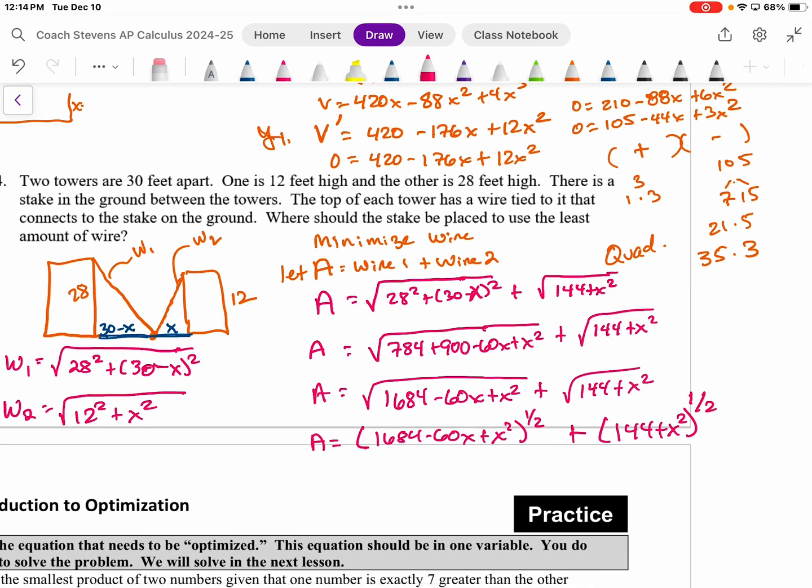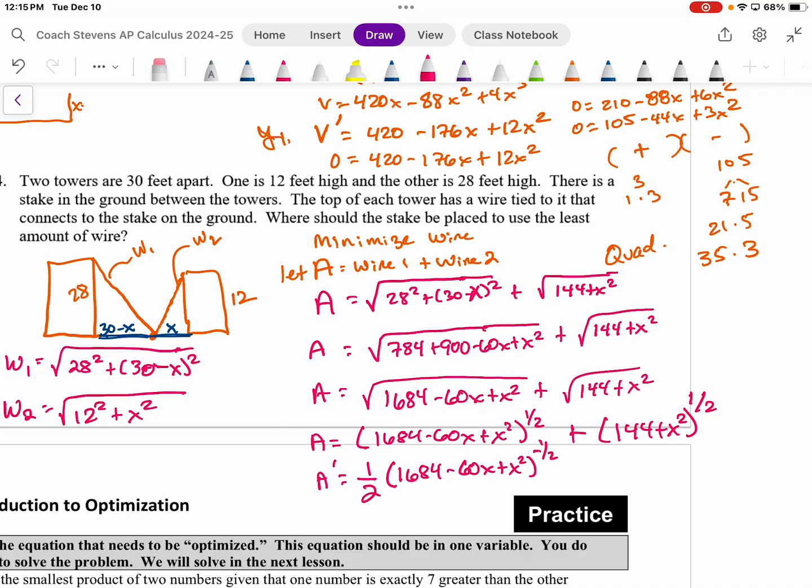And then now let's take the derivative. A prime equals, bring down the 1/2, times, copy the inside, 1684 minus 60x plus x squared, now to the negative 1/2.